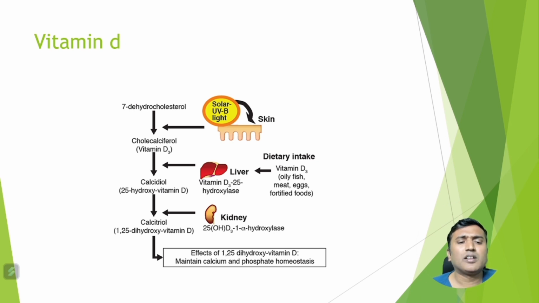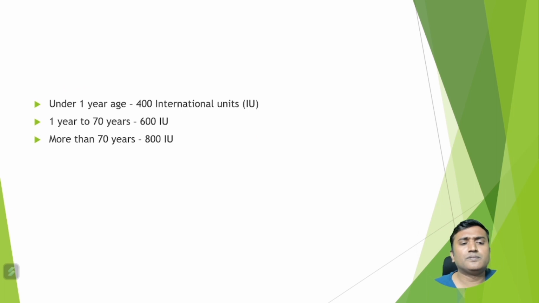Whenever the ultraviolet B rays fall on our skin, 7-dehydrocholesterol turns into cholecalciferol, and with the help of the enzyme from the liver, it can be converted into calcidiol, which is then converted into calcitriol with the help of the enzyme from the kidney. And this vitamin D helps in maintaining calcium and phosphate homeostasis.